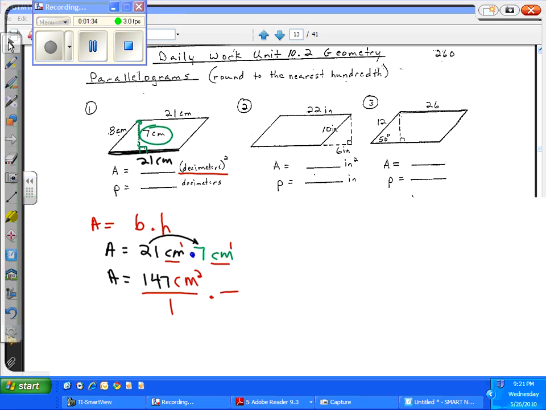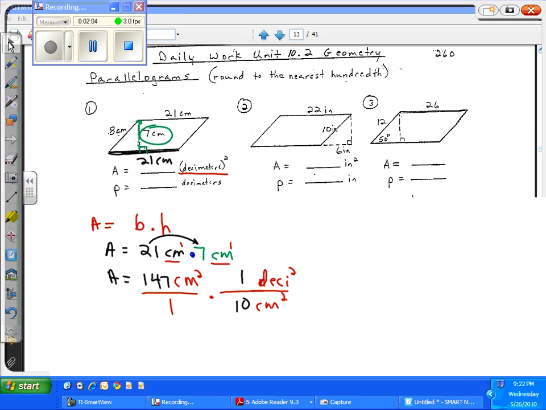So we need to lose the name square centimeter and gain the name square decimeter. Now, which one's bigger? Well, centi is bigger. Excuse me, deci is bigger. Well, how many centi are in a deci? 10. You can study your metric chart.